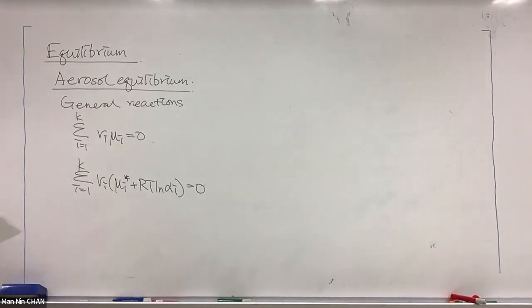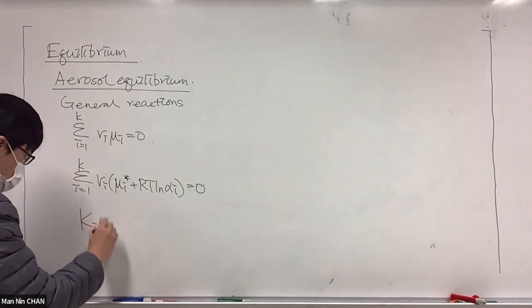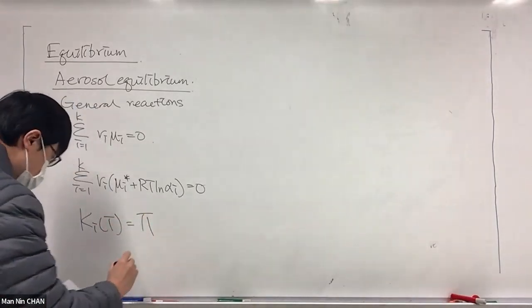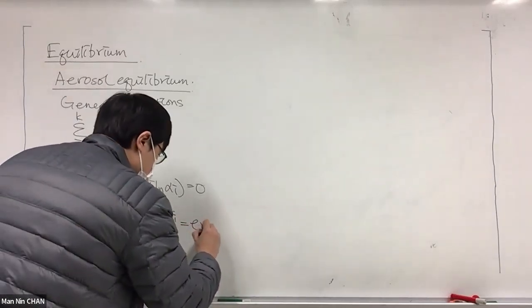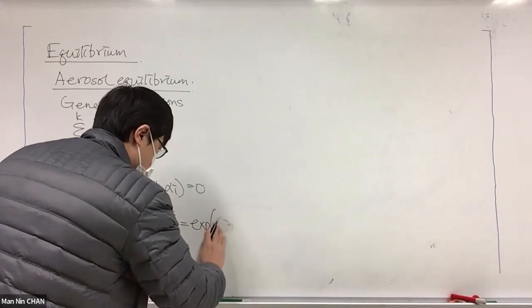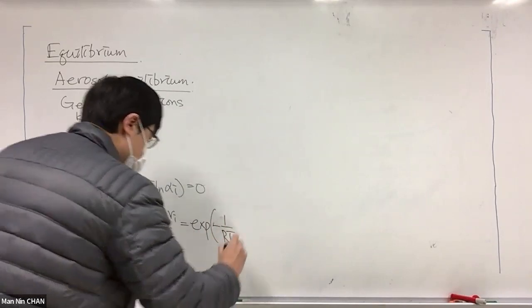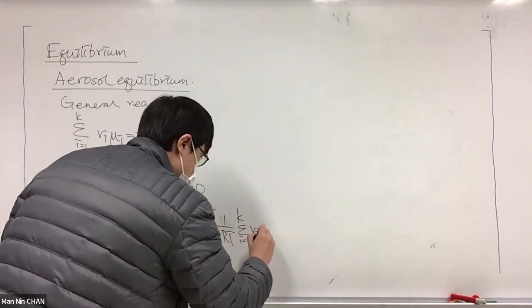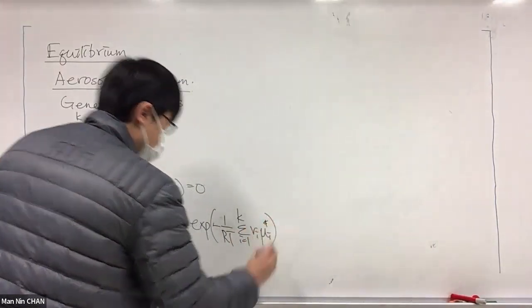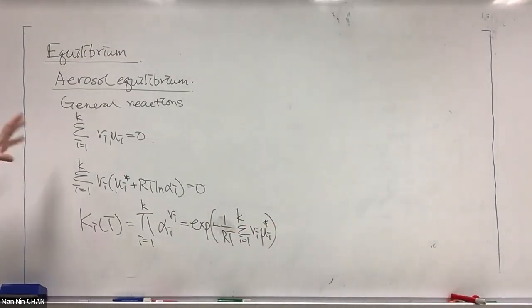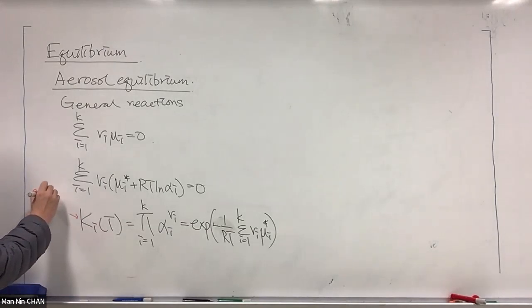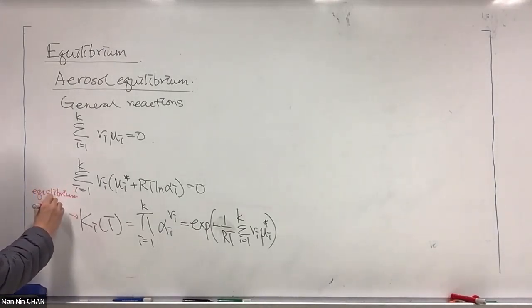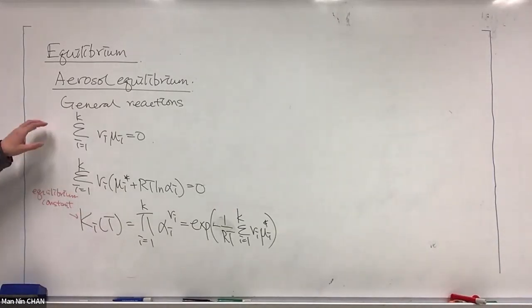If we expand these terms, eventually last time we stopped here. Because we are assuming the reaction can reach an equilibrium state, to describe this reaction you can use the equilibrium constant, K. This is the equilibrium constant for your reaction.